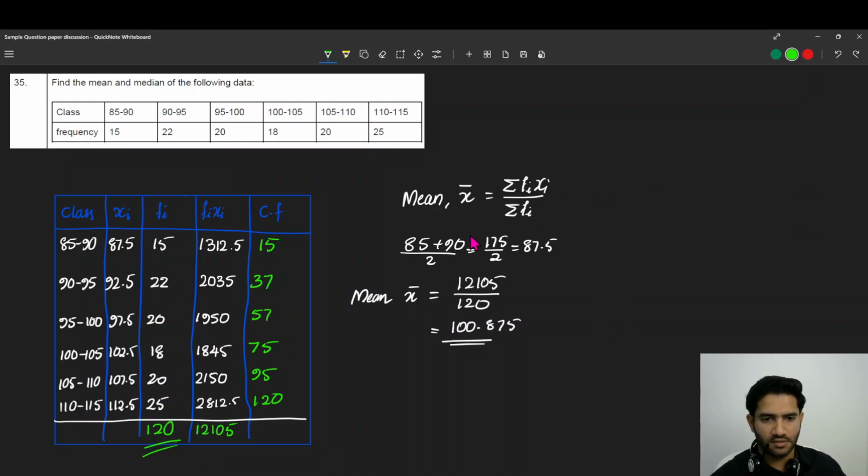Now n is equal to 120. So n by 2 is equal to 120 by 2, that is 60. So 60 means this one. So just write the median class.